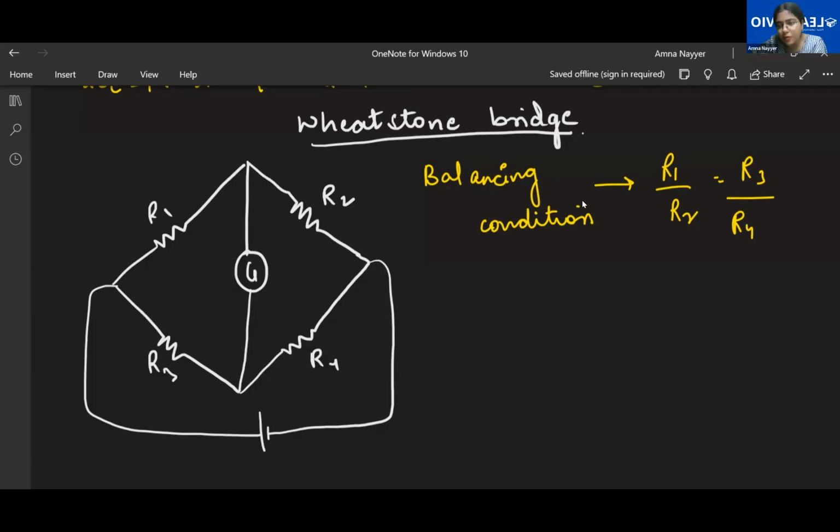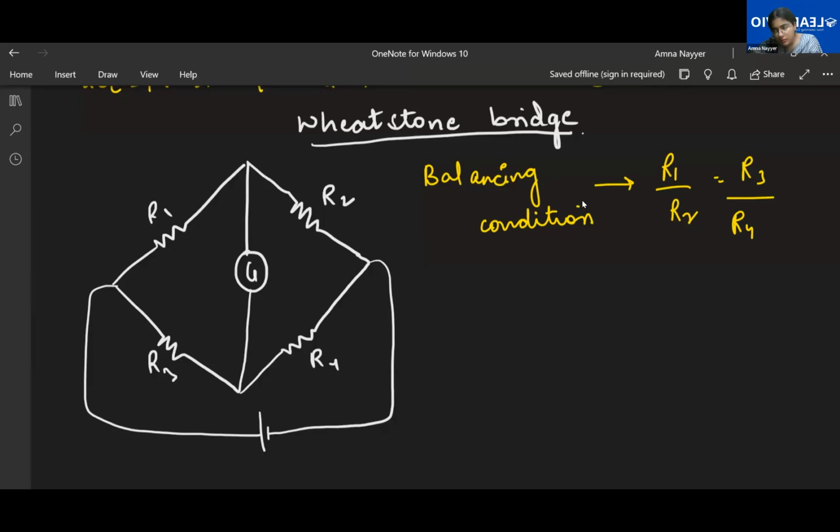In the case of the Wheatstone bridge, you just have to derive it using Kirchhoff's law. If the question comes, this one will be easy and I'll suggest going for this one because the equations will be formed very easily.